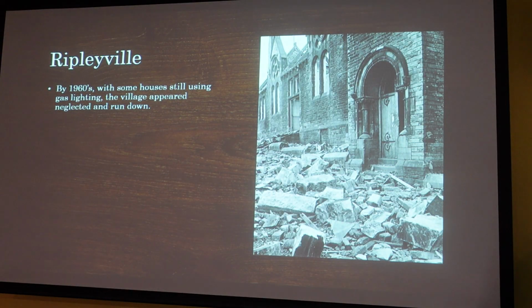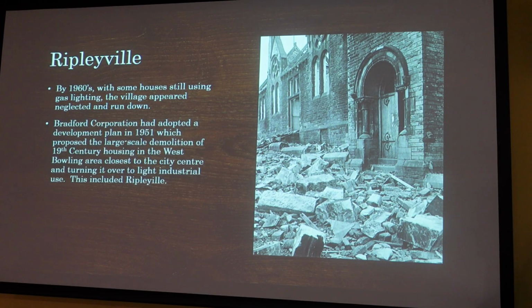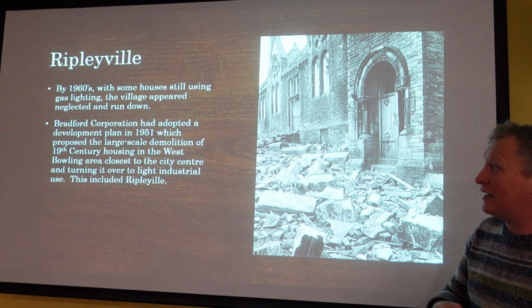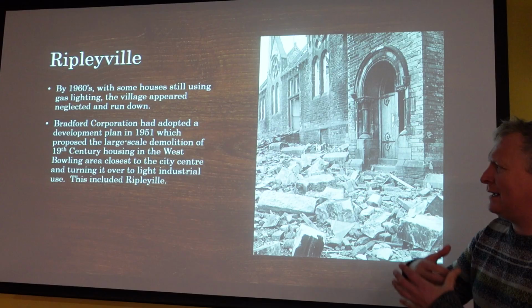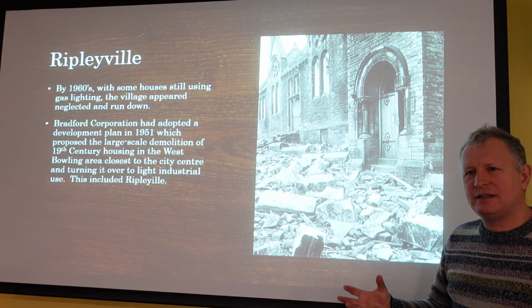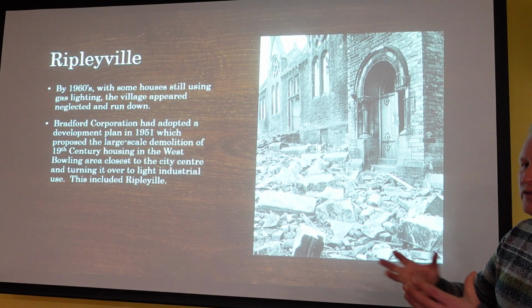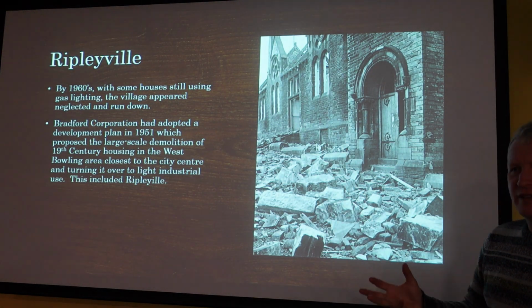In fact, almost nothing of Ripleyville lasted the test of time. In 1951, Bradford Corporation adopted a development plan, and their vision was that the areas immediately surrounding the city centre, particularly the southern bit of the city centre, would become light industrial rather than residential.